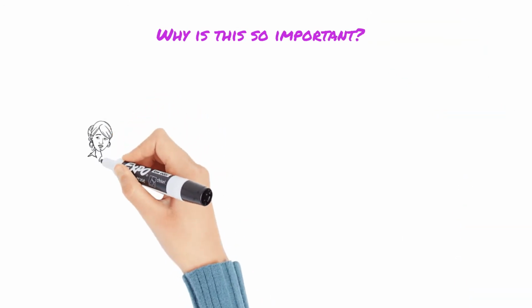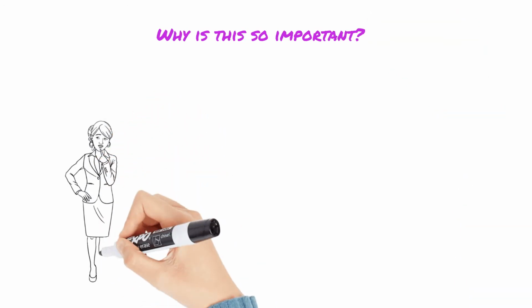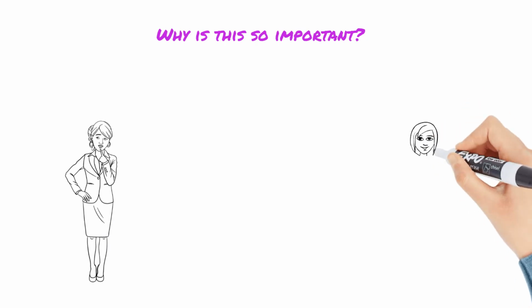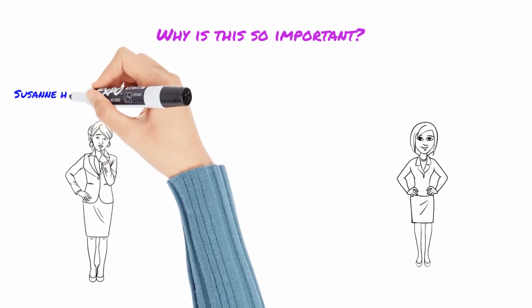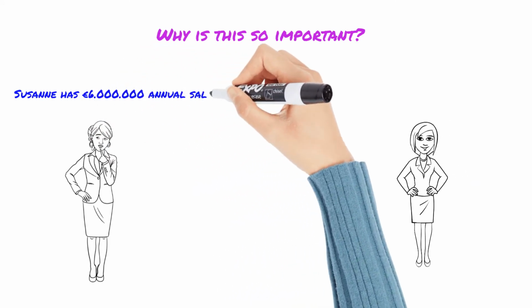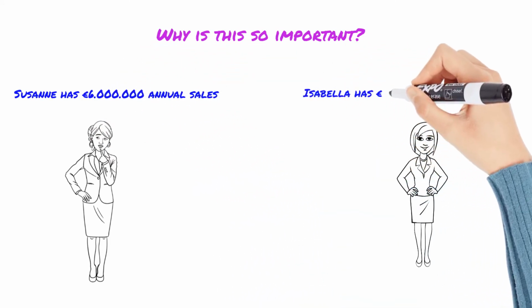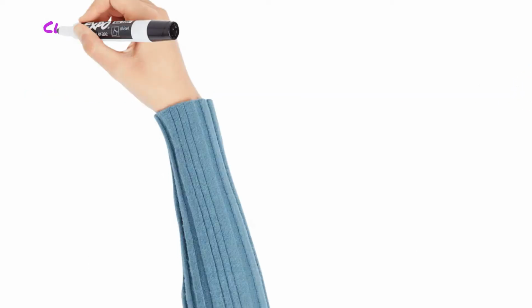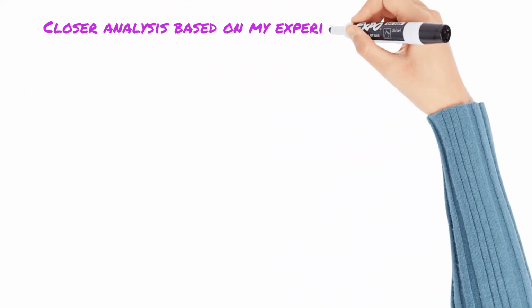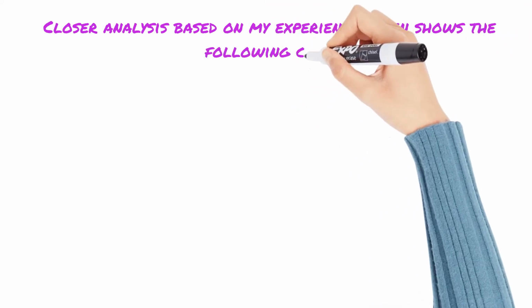Let's take a look at two sales reps. We'll call them Susanna and Isabella, and both have sales of 6 million and 7 million euros respectively. Clearly, Isabella has a reason to smile, and Susanna has to ask herself what she might do to gain ground on Isabella. We would often perform calculations such as this in order to understand performance in the company.